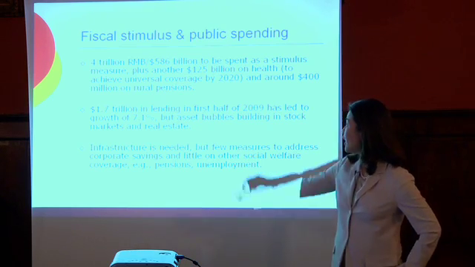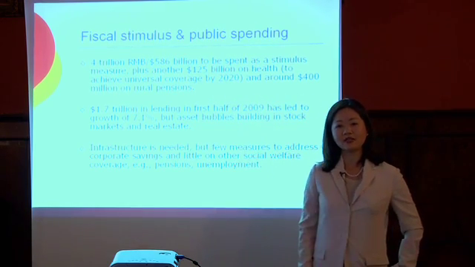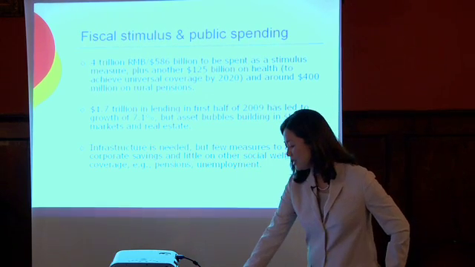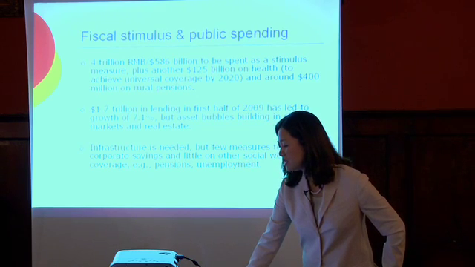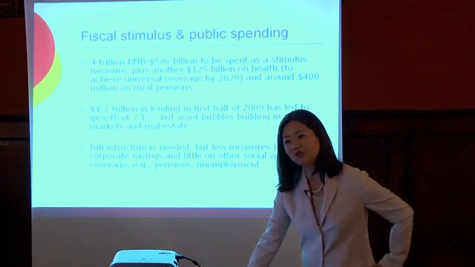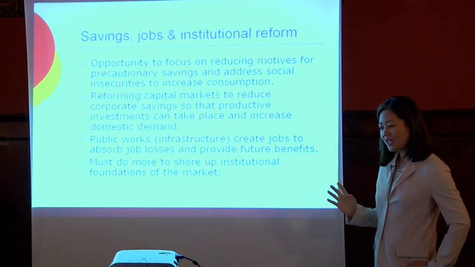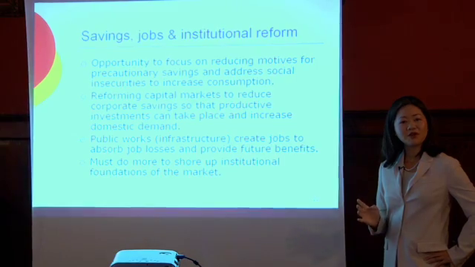Now, the Chinese subsequently added 125 billion to spend on health and another 400 million on rural pensions. But relative to the size of the stimulus, these are still smaller, perhaps, than what's needed. So I think what this crisis has shown China is it doesn't need to be an export-led economy.